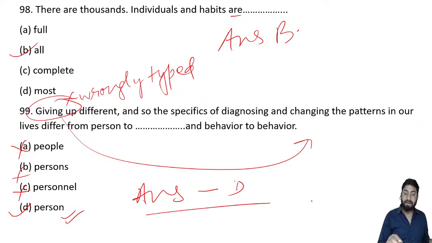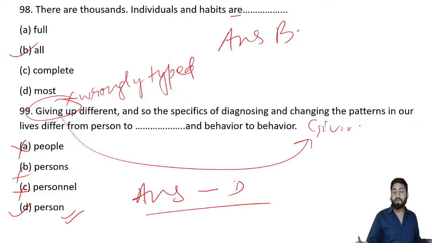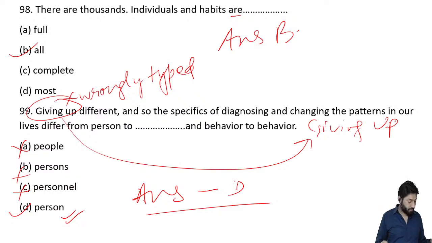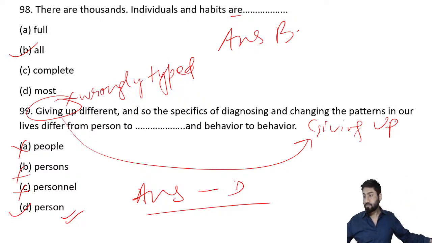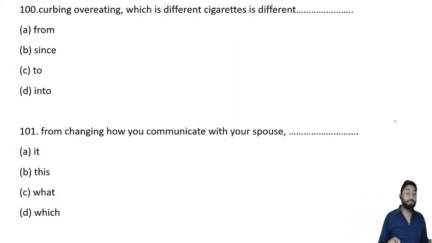So next, behavior to behavior. Giving up will come here. वहां पे गलती से टाइप हुआ है. So giving up, I think, हाँ, yes. Now आगे चलते हैं. Giving up, curbing, over-reacting.